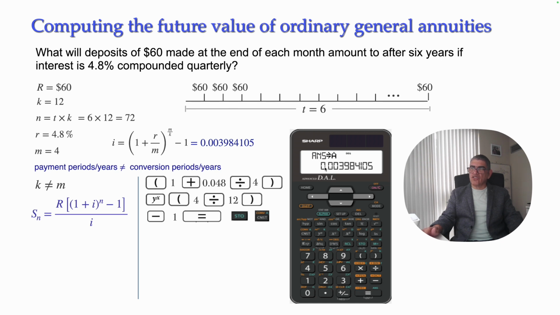So this number is the number that we have in the memory of your calculator for I. Anytime that I press recall A, this number will appear. So you don't need to write this number several times. Okay, so let's use this number to compute the future value.